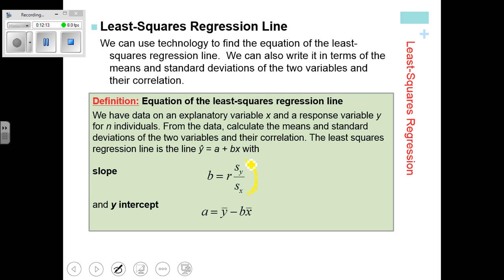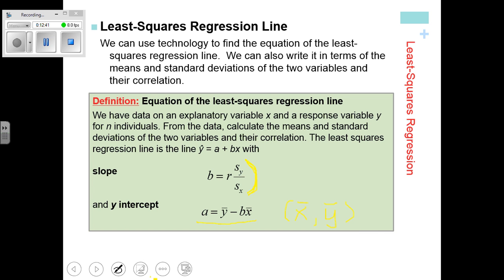Now you'll use this a lot of times when you have a computer printout and they're not giving you the slope, but you still have the standard deviation of x and y. So remember, that's how they're going to be related. Also, you'll use this equation, which is confusing to look at at first, but all it's saying is the point x bar, y bar, which is the mean of the x's and the mean of the y's, is always going to be a point on your regression line.